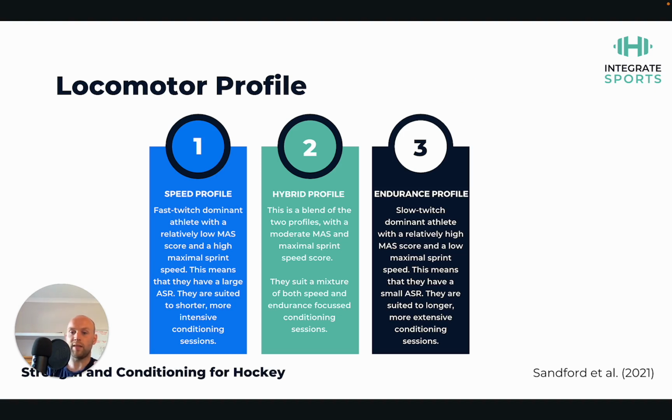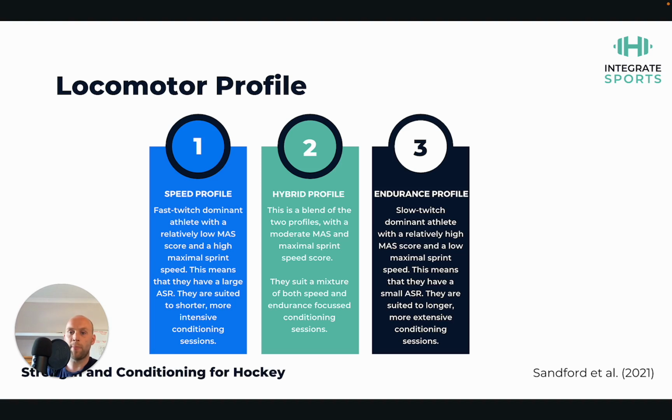This means that they have a pretty large anaerobic speed reserve. So their speed ceiling is high, but their mass score is low. They've got a big anaerobic speed reserve, as we showed on the graph earlier, and they're suited to shorter, more intensive conditioning sessions.